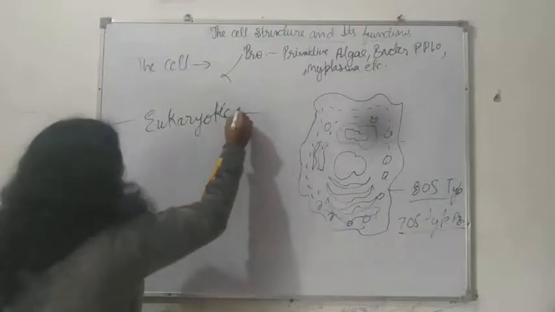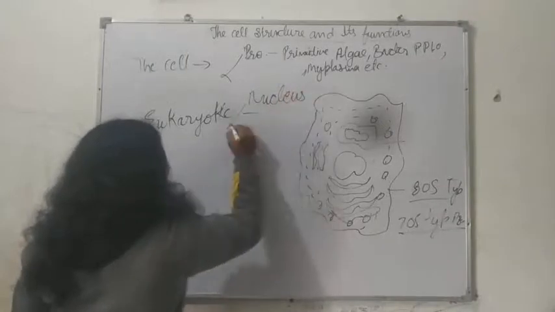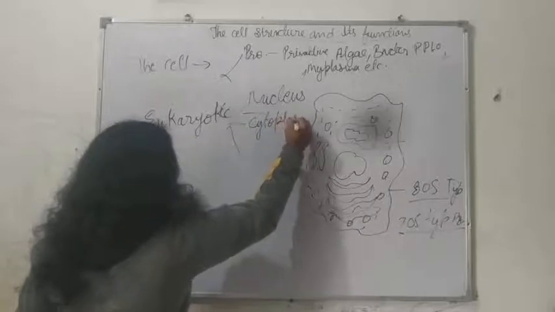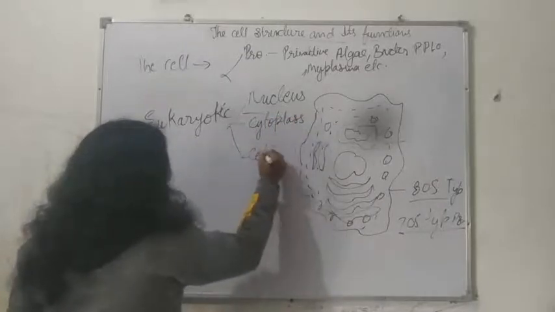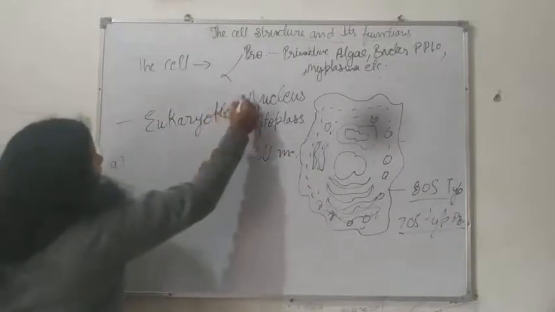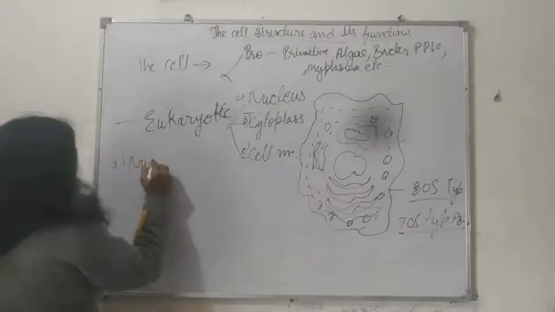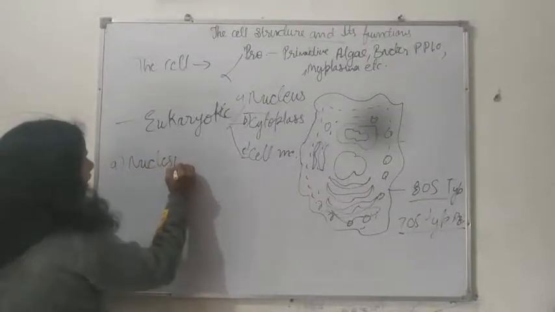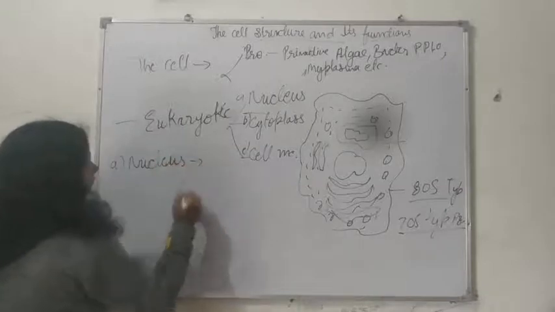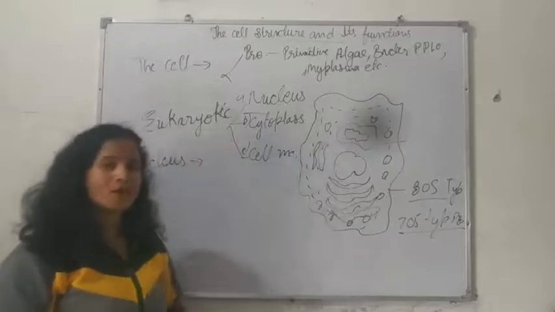The main parts of the eukaryotic cell: first is the nucleus, second is the cytoplasm, and third is the cell membrane. Come to the first point, the nucleus. As I told, the nucleus is present in the central part of the cell.